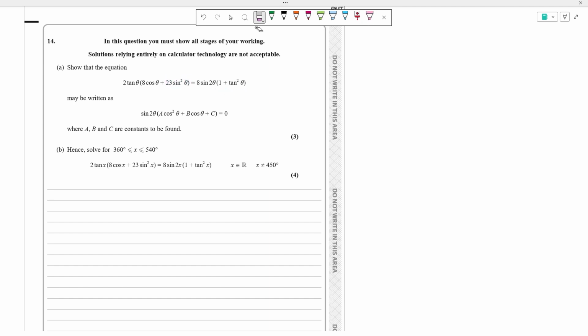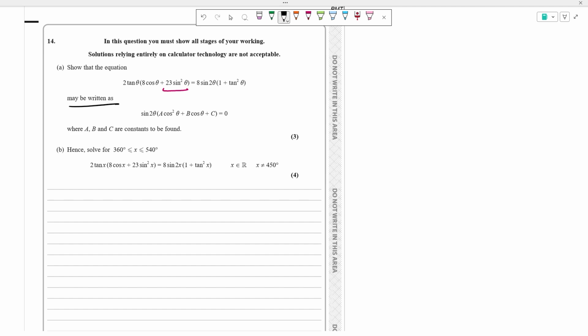Okay, I'm going to talk about 23 sine squared first. Because it says this may be written as sine squared theta, we have a cos squared, cos, and a constant. Well, you can see that this is a sine squared and we have a cos here. Chances are we probably have to use some sort of identity to convert 23 sine squared into cos squared.